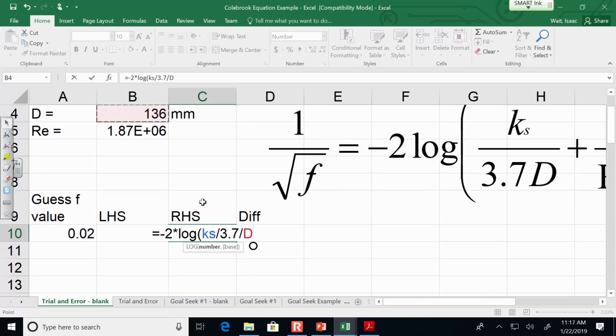Algebraically, it's the same thing. So maybe get used to that, that's how I type the Colebrook equation. Seems a little weird at first, but maybe you'll start doing the same thing.